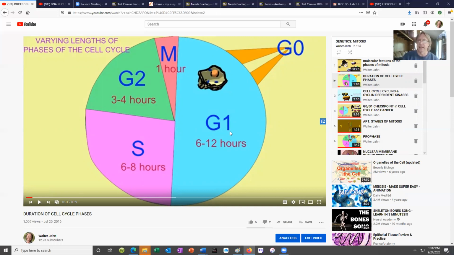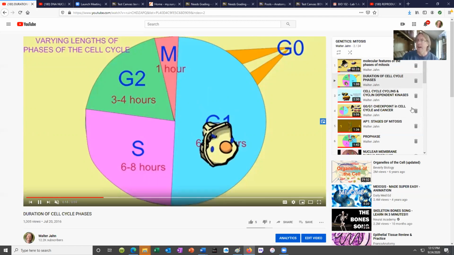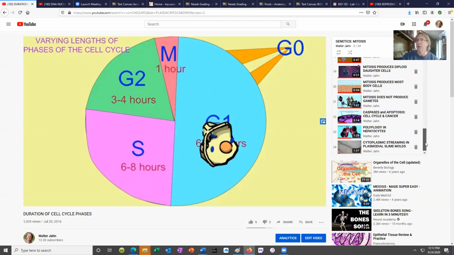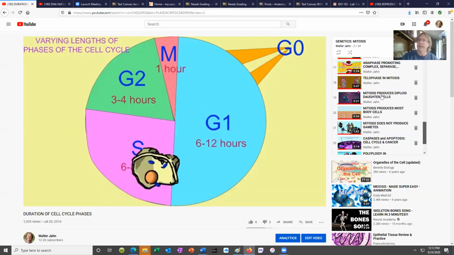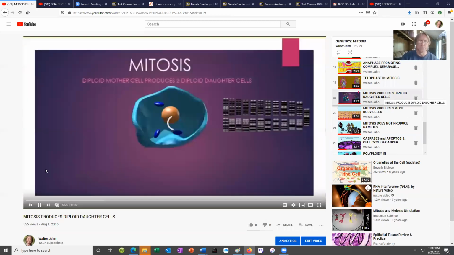And the reason for that is that as a cell is preparing to divide, it goes through the S phase, where the DNA is replicated. So there are 46 chromosomes here, but by the end of S, there are two sets of 46 chromosomes, which are now adhering together thanks to centromeres and the cohesins, which bind them together.